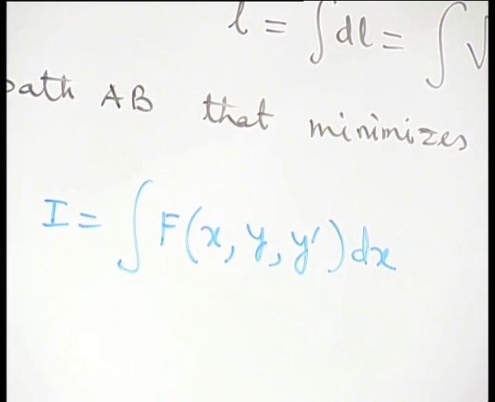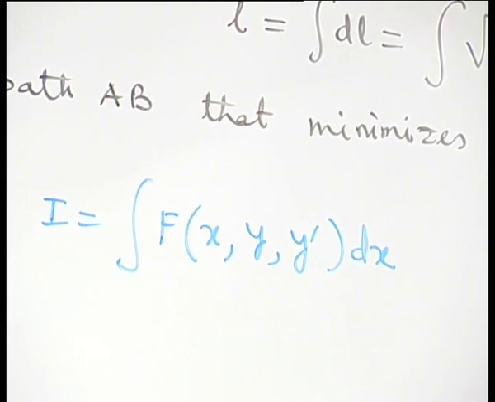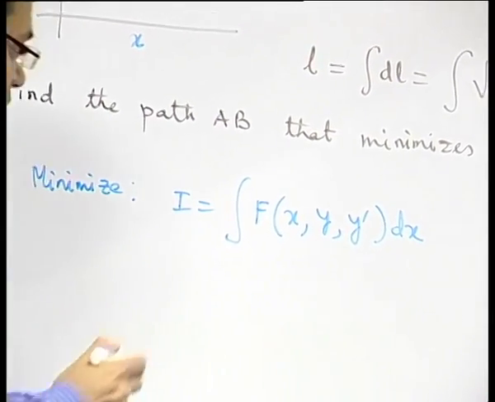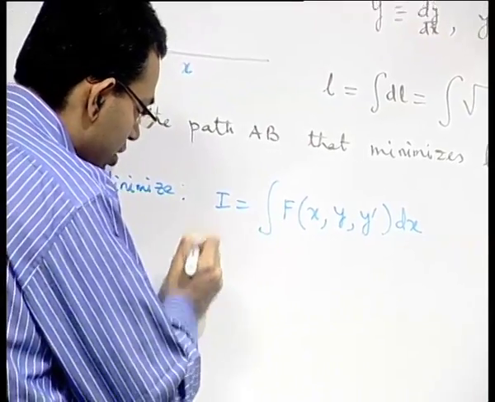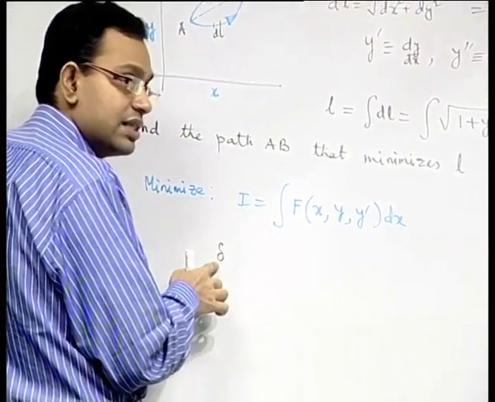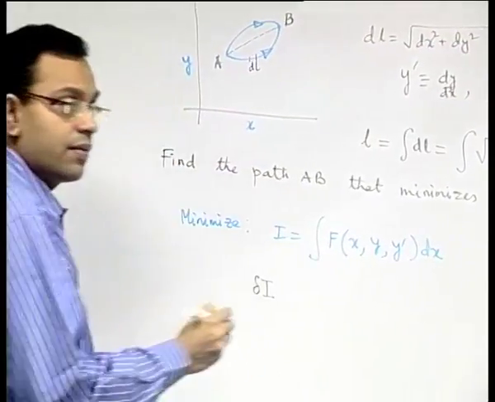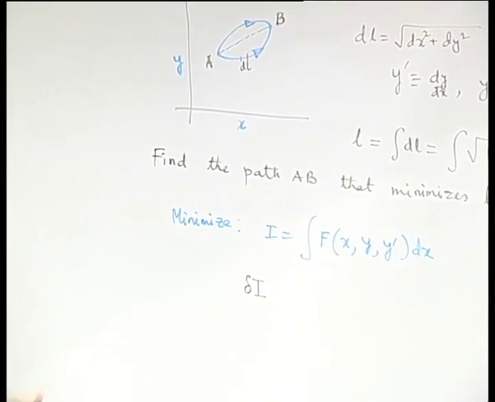Now, how do we minimize it? There are different ways in which one can do. So, here what we will do is we will take a first order variation, which we will symbolize as delta on I. So, what is this delta?